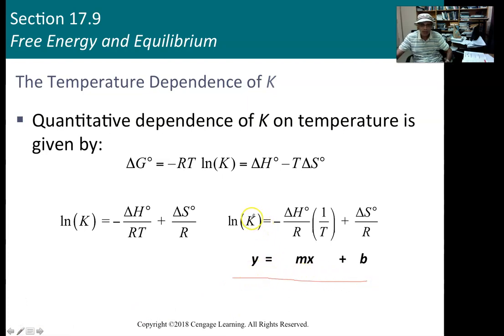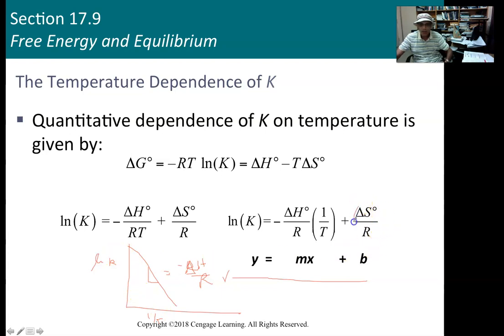So a plot of ln K versus 1 over T is very famous, and you should get a negative, linear slope, and this slope is equal to minus delta H over R. Sorry, minus delta H over R. R is known, that's the gas constant, and therefore we can determine the value of delta H. This is a very famous plot, and it's very useful.